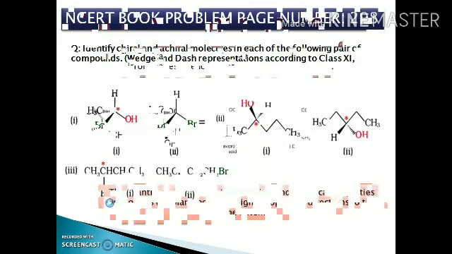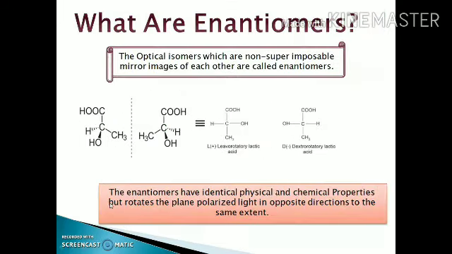Now, molecules which have non-superimposable mirror images of each other are called enantiomers. For example, in the case of lactic acid, if this OH group is present on the right hand side, that is called plus lactic acid, and if this OH group is present on the left hand side, this is called negative lactic acid.